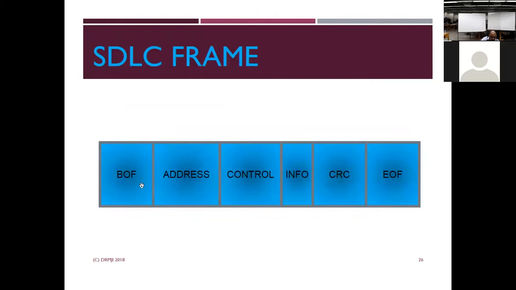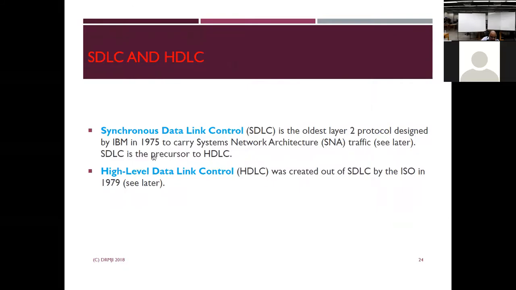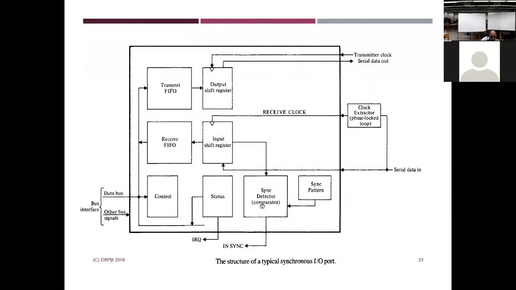So this is a frame. Since, as I said, the clock is embedded in the data, when you are not sending anything, you are basically sending clock in a synchronous protocol. We have a phase lock loop that can extract the clock from the data, so that the remote signal and the local clock generators are exactly in phase.